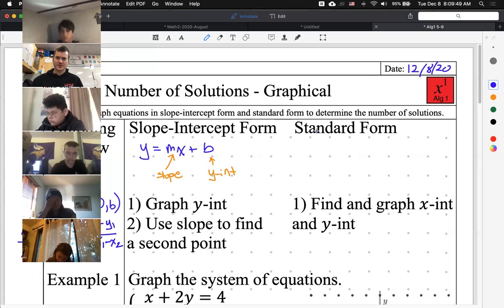All right. That's slope-intercept. We're pretty good at that. Standard form is a little bit weaker for us, but still not too hard. Does anyone remember standard form? Giorgio? No? Okay.